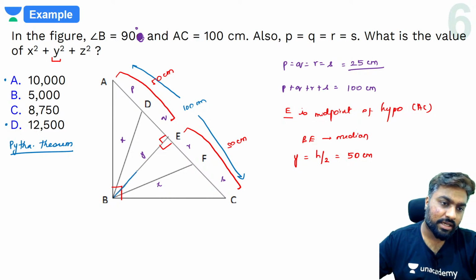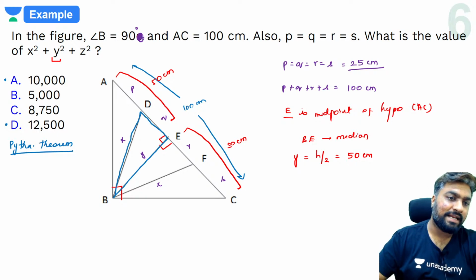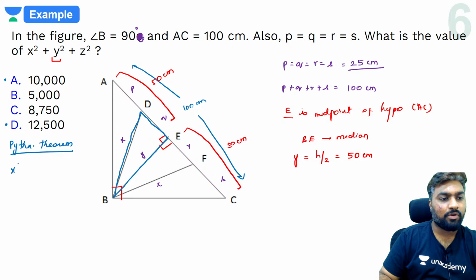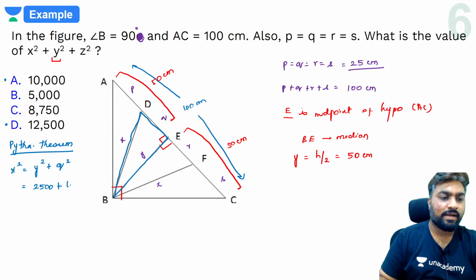Let's take this triangle BED. ठीक है, ट्राइंगल BED में क्या होगा, ये 90 है, सो x स्क्वायर, योर हाइपोटेन्यूज, इज गोइंग टू बी इक्वल टू y स्क्वायर प्लस q स्क्वायर. एग्रीड? y स्क्वायर इज 50 स्क्वायर, 2500, q स्क्वायर इज 25 स्क्वायर, 625. दिस गिव्स अस व्हाट? 3125.